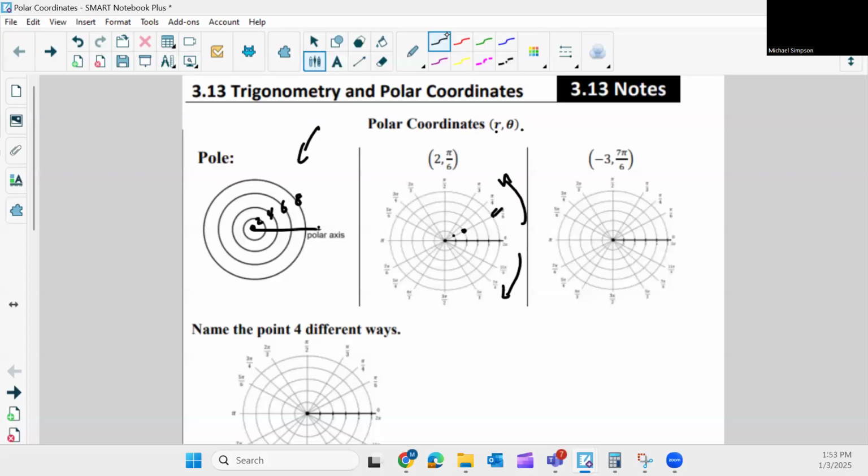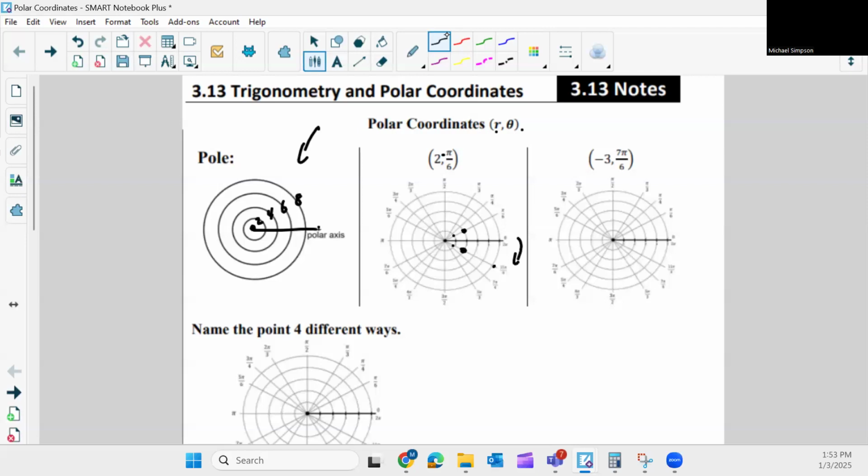Suppose we had (2, negative pi/6). This means I'm going in the clockwise direction, negative pi/6, and the r value is still 2. So 1, 2.